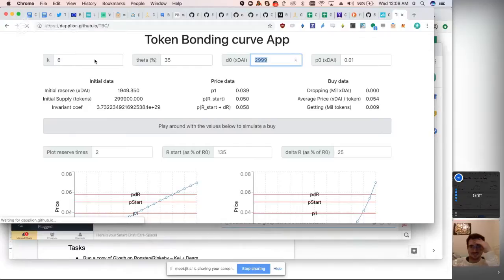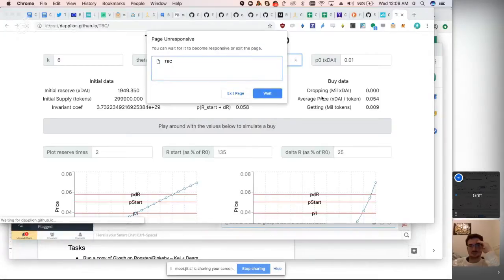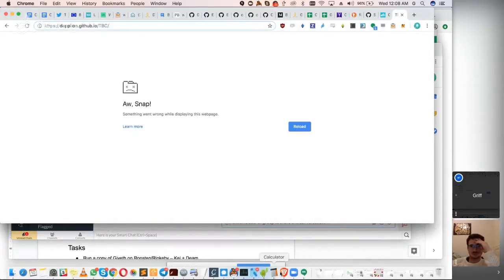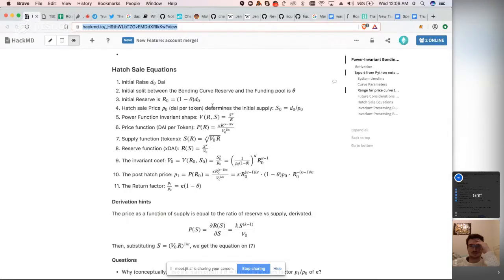So now we have kappa, and kappa goes to this invariant thing, which maybe I'll just close this. So we have this thing that we call the invariant. This is S to the kappa over R, right? Yeah, S to the kappa over R. And kappa determines the shape of the curve.